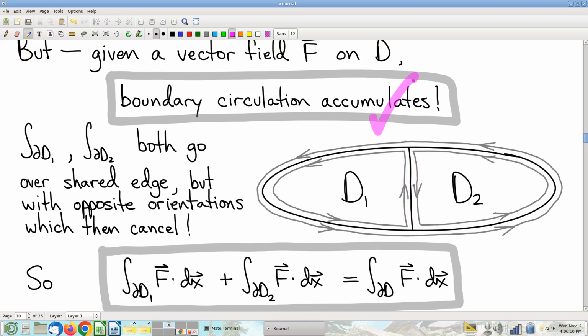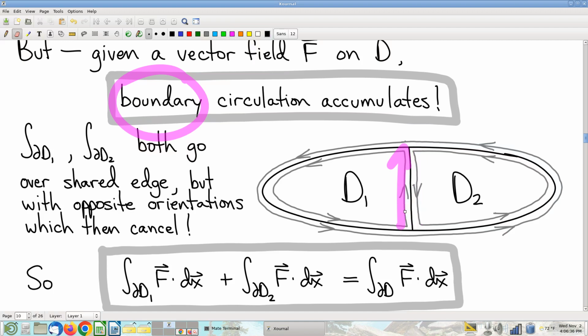Everybody see what I'm talking about there? Okay, so this is a huge point, a really important idea. That's why orientations matter on boundary. We have to talk about having a convention, a specific convention on what we mean by the orientation of a boundary, so that we can have this one and this one specifically going opposite directions, so that they'll cancel.